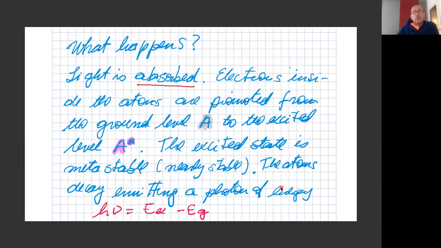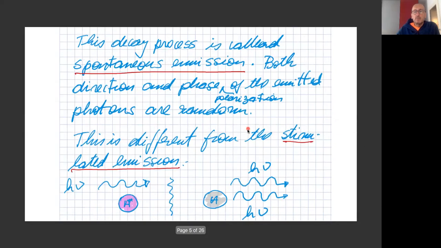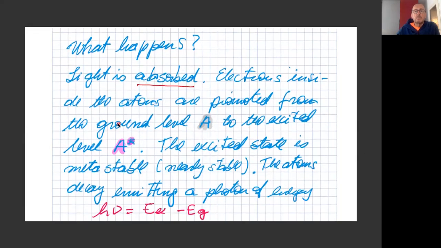What happens is light is absorbed. Do I have a diagram? No, I don't have a diagram. Okay, light is absorbed. Each one of the electrons inside the atoms is promoted from the ground state A, we call this A, to an excited state which is A asterisk, something like this.